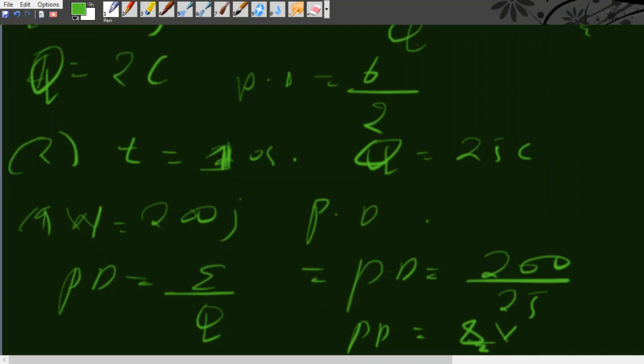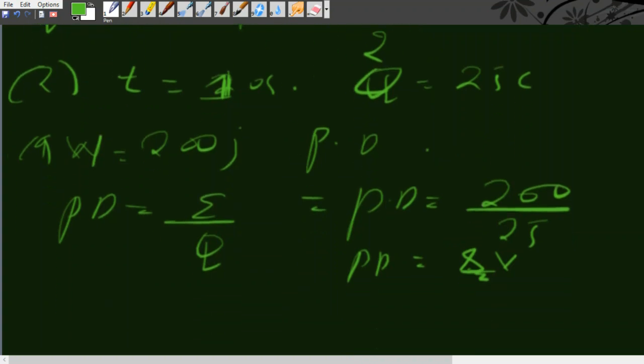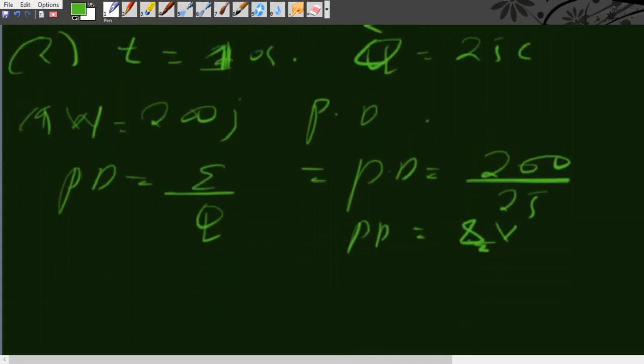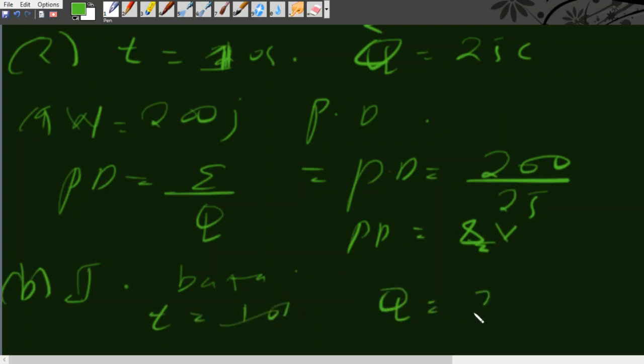The current flowing through the battery. So we need to calculate current. B requires us to calculate current from the same information, and from this information we can collect our data. Time has been given as 10 seconds, Q has been given as 25 coulomb.